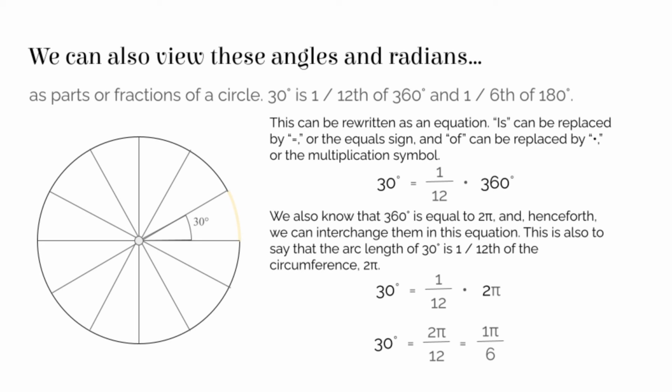This simplifies to 30 degrees equals 2 pi over 12, which then simplifies to 1 pi over 6.